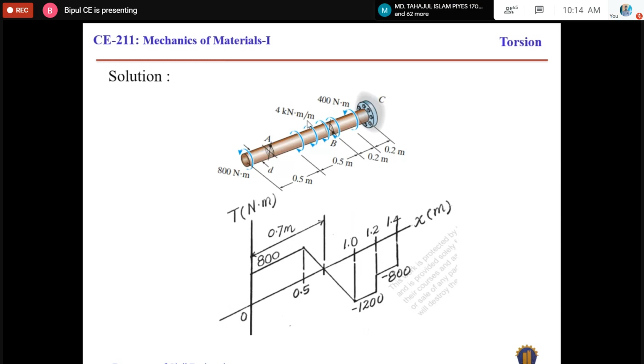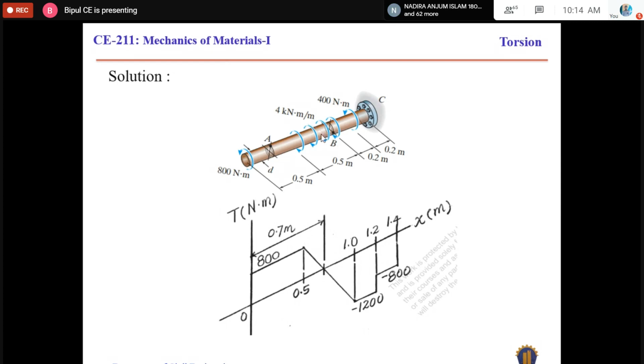And the unit of this torque is Newton meter, so we have to convert 2 kilonewton meter into Newton meter. Then it will be 2000 Newton meter torque, and that torque is negative because the direction of the torque is clockwise.